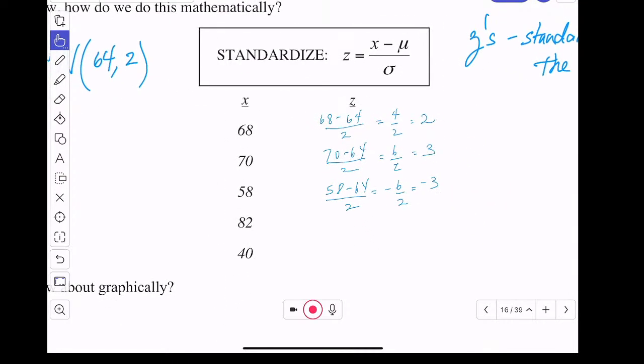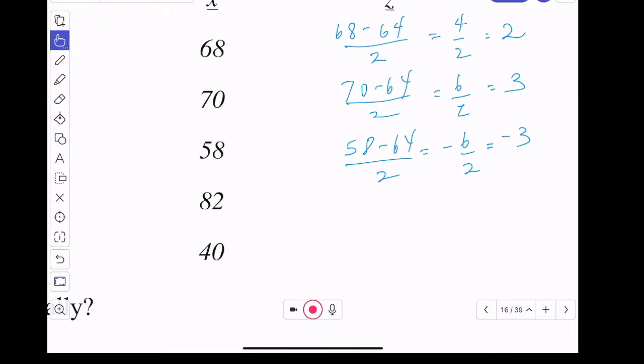What about 82? 82 minus 64 divided by 2, what does that give?